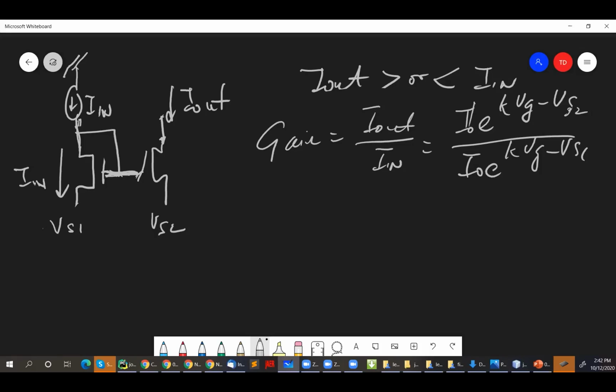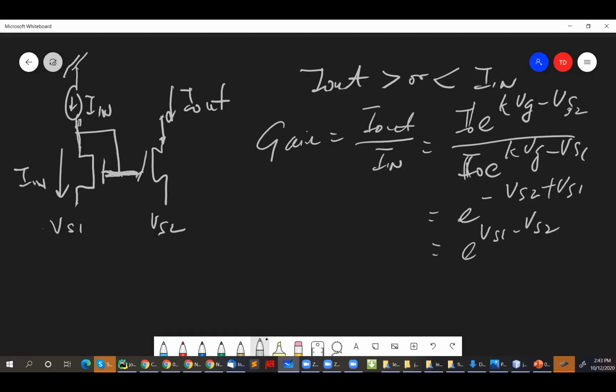Then of course, nicely you can cancel out a bunch of stuff. And then what you're left with is e^(kappa (VS1 minus VS2)). Okay, and so that's the gain of the circuit.